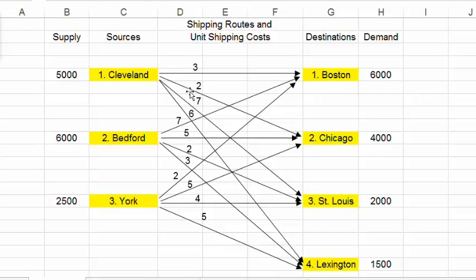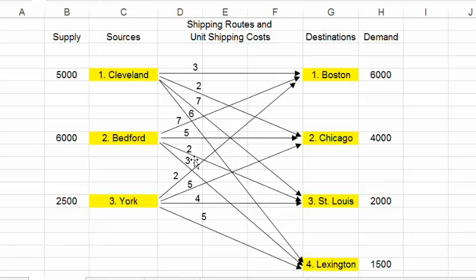Okay, and what are these little numbers? These are the unit costs: how much it costs to ship one unit. For instance, this 3 here is a dollar amount, so it costs $3 to ship one generator from Cleveland to Boston. There are different costs depending on the route. Maybe some places are farther apart, or there might be different shipping modes: maybe you go by train from one place to another, and on another route you send trucks.